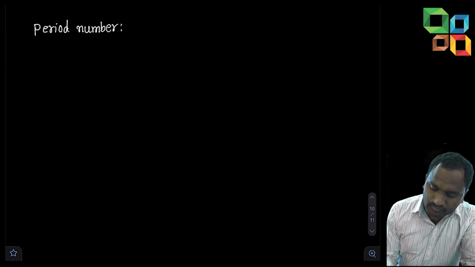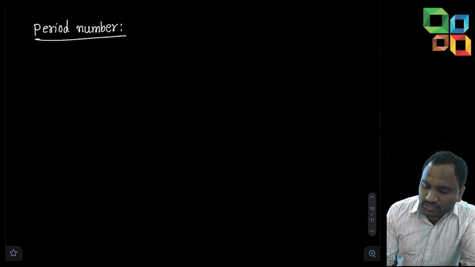It is one simple concept. See students, period number is equal to the valence shell number.